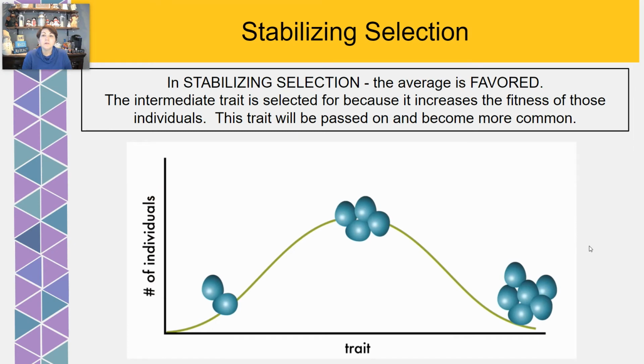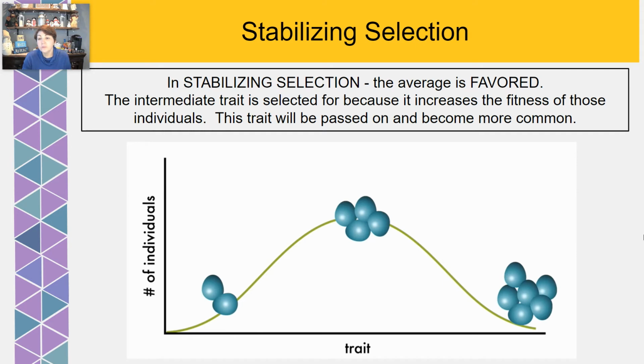The second type is called stabilizing selection. In stabilizing selection, the average is selected for. So the average is favored, and the extremes are selected against. And so the average trait must increase the fitness of those individuals. You're more able to survive and reproduce if you have that average or intermediate trait.